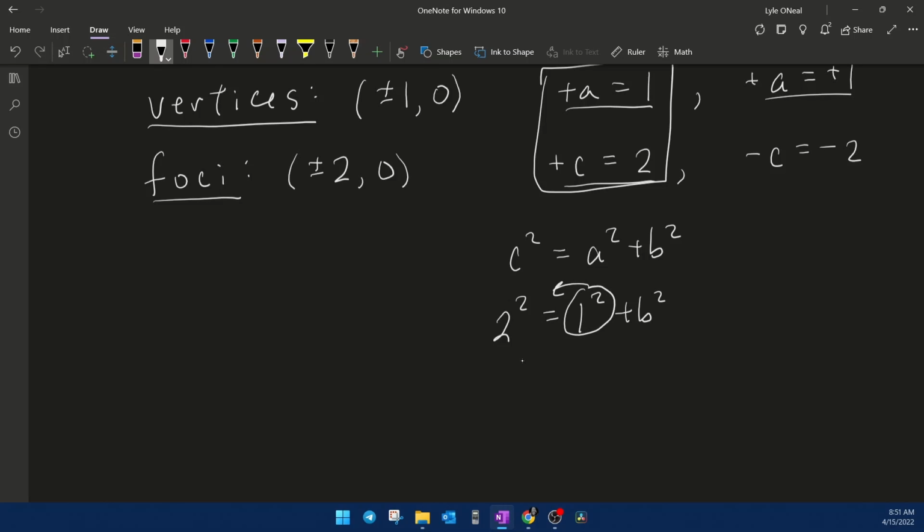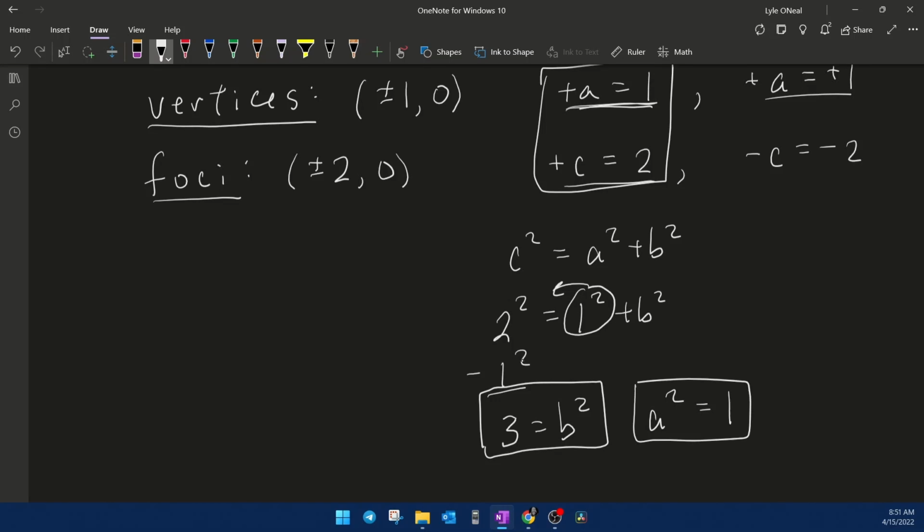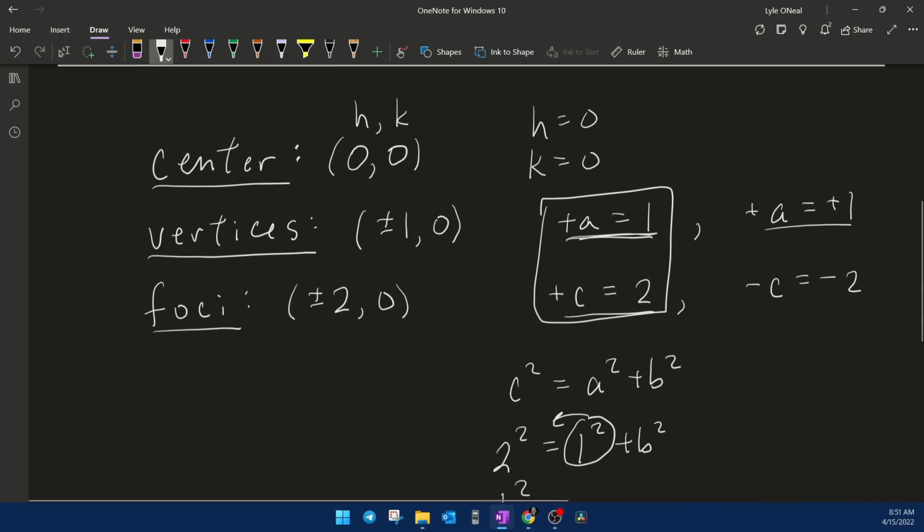Moving the 1 over, that's going to make that 2 squared minus 1 squared, which is 4 minus 1, which is 3. And that is b squared. And don't square root because we actually need b squared. So now we know that a squared, which would be 1 squared, is 1. We know b squared. We know h and k.